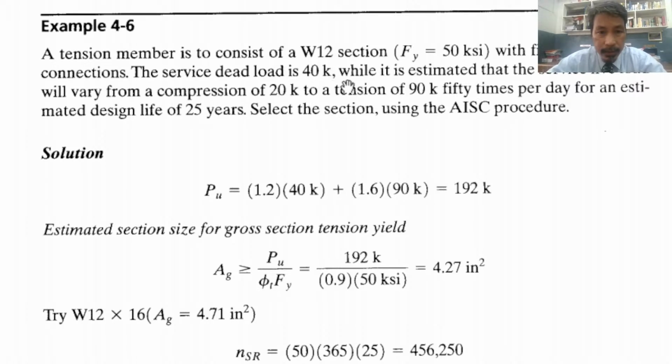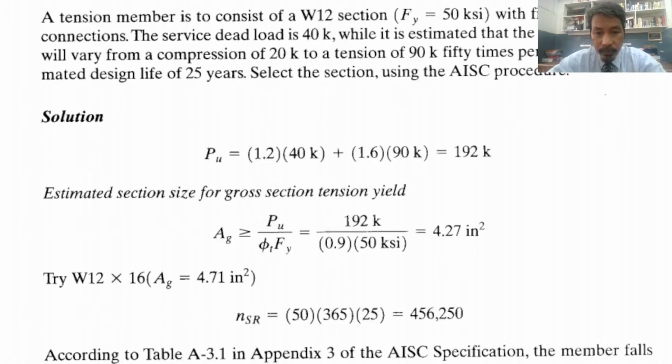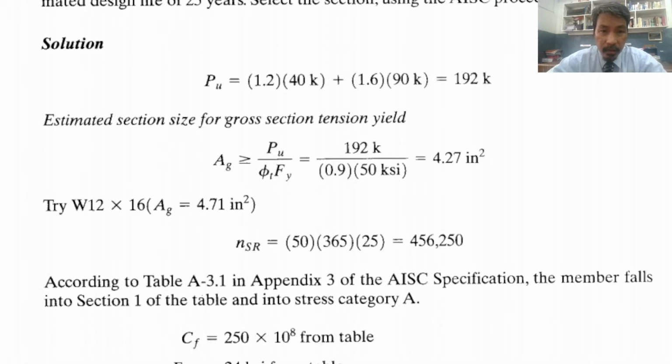Service dead load 40 kips and live load 20 kips, tension 90 kips, 50 times per day for an estimated design life of 25 years. Select the section using the AISC procedure. 25 years. We already know about this. We know this. So n_SR.